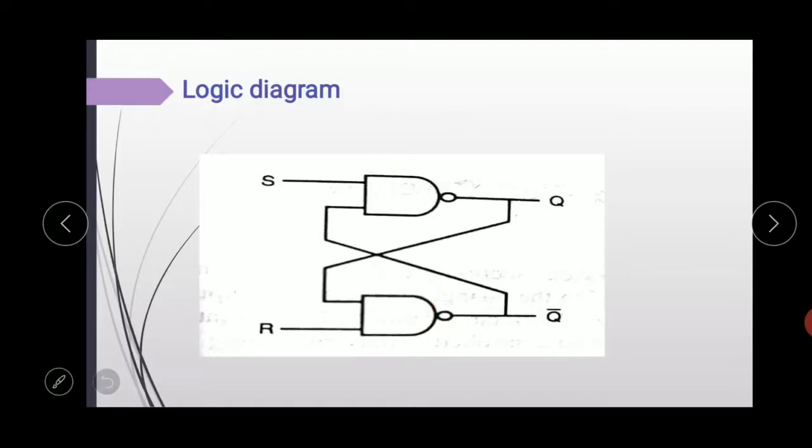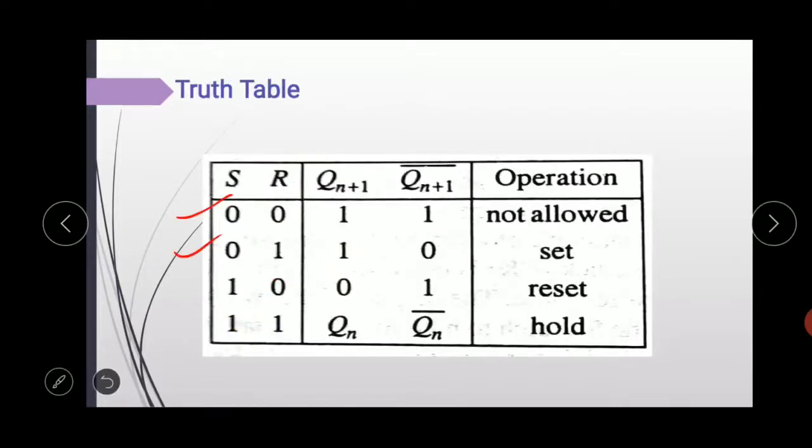By using the truth table of the NAND gate, let's discuss the truth table of SR latch using NAND gate. Here also you can see 2 inputs are given, so there are 4 possible input combinations: 00, 01, 10 and 11.